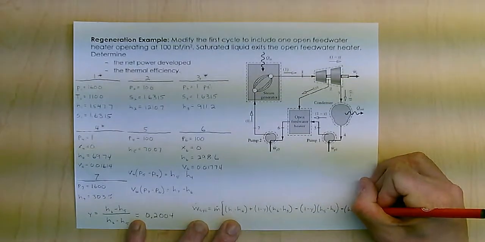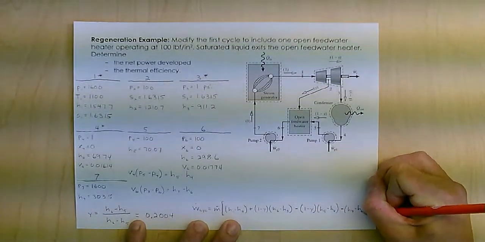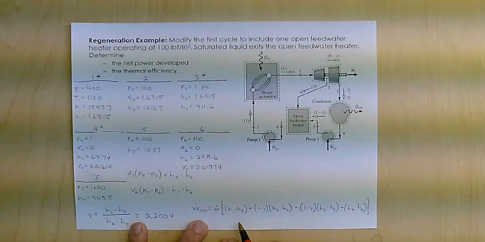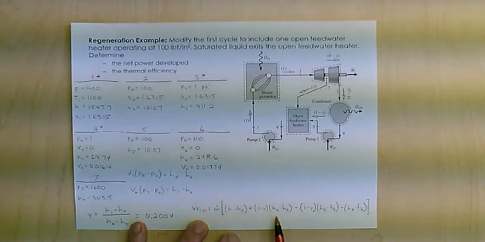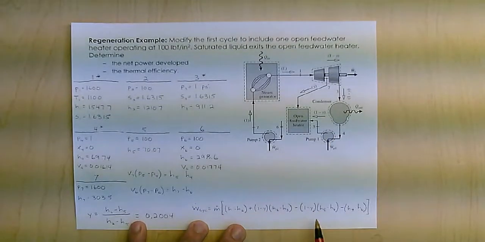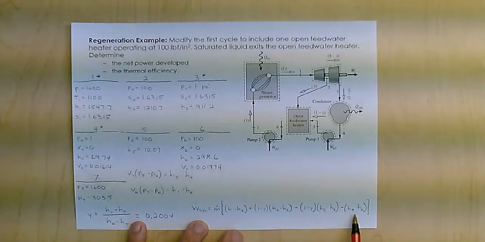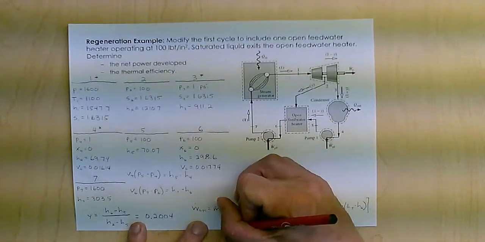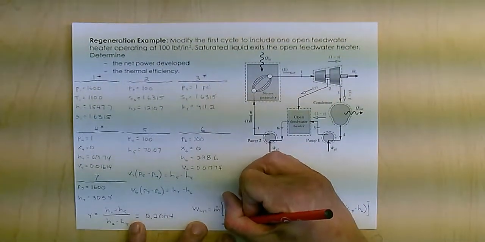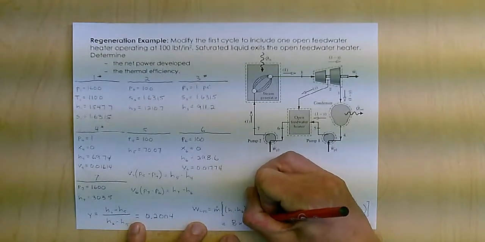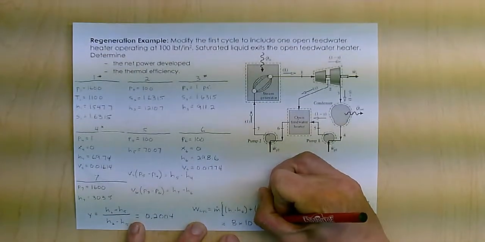That is going to be H7 minus H6. So again, the mass flow times 100% through this, 80% through this, those two added together, and then I subtract off 80% of this pump and 100% of that pump. I know all these H values. I can find the work of the cycle then to be 8 times 10 to the 8th BTUs per hour.